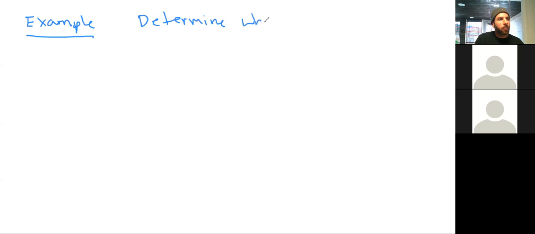Get to the 15th page. Let's change colors. This purple's getting on my nerves. Let's go blue. So oftentimes the way we'll state the problem is we'll say something like determine whether a series converges.